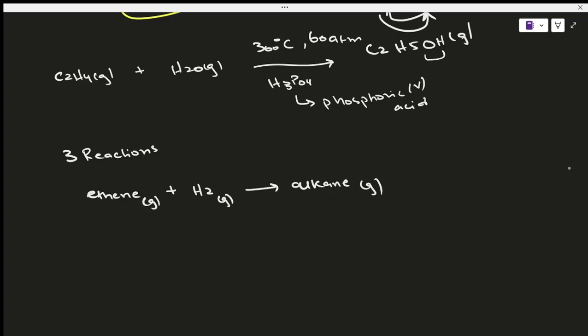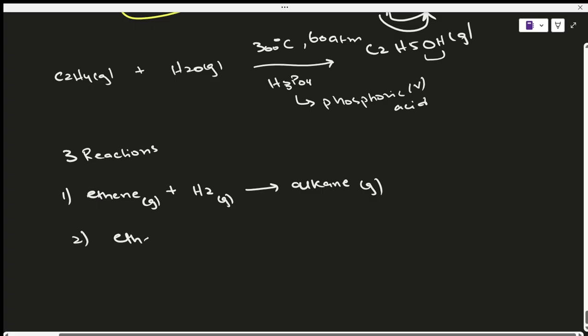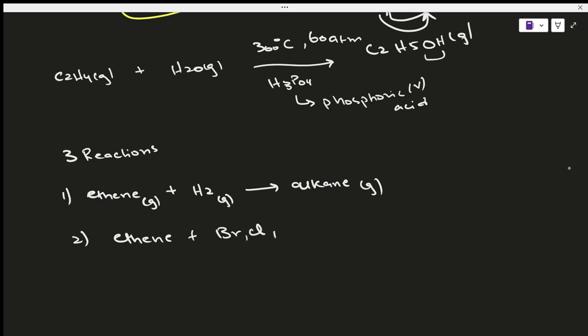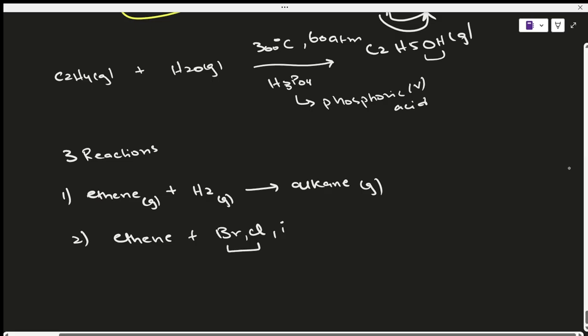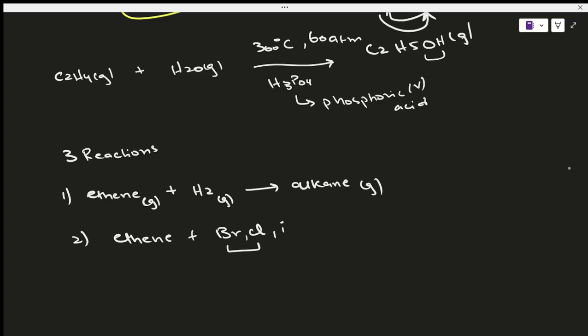For the second reaction, you start with an ethene molecule, or an alkene molecule, and react it with bromine, chlorine, or iodine, anything. Usually, bromine is the one mostly tested. So this is going to be in liquid.